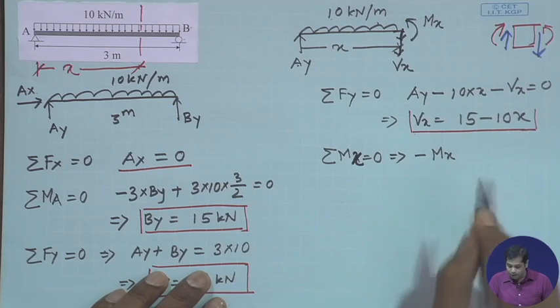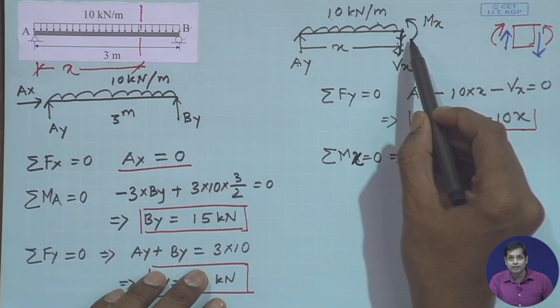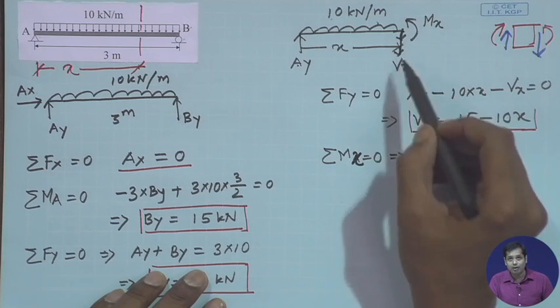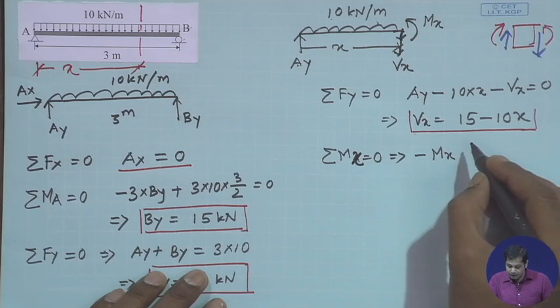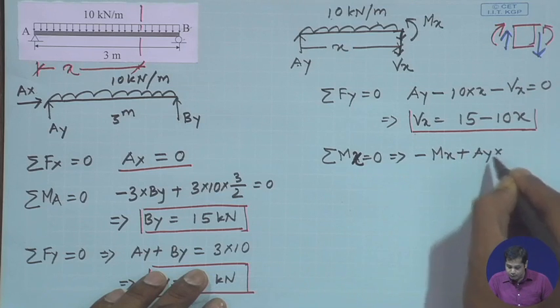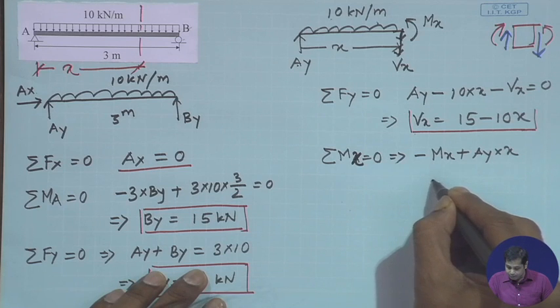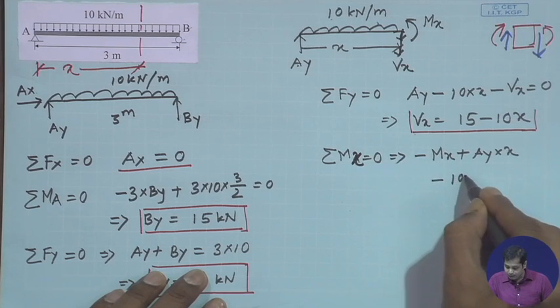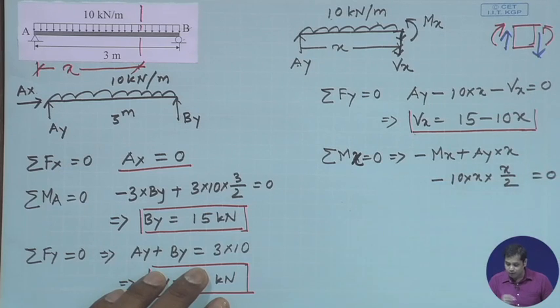If you remember, for all algebraic operations we use the sign convention of whether it is anti-clockwise or clockwise. So, minus Mx, then plus Ay into x, and then minus 10 into x, which is the force acting at a distance x by 2, that is equal to 0.